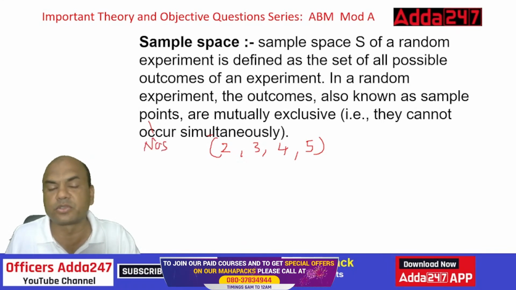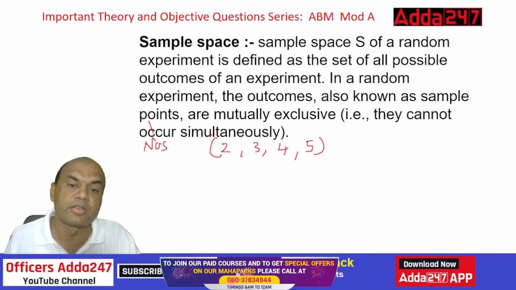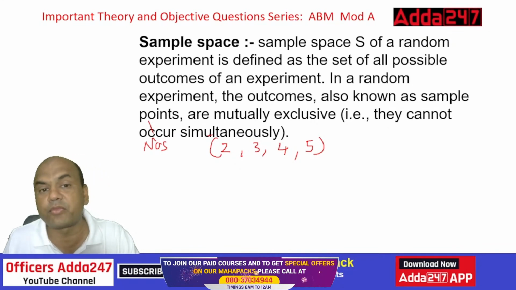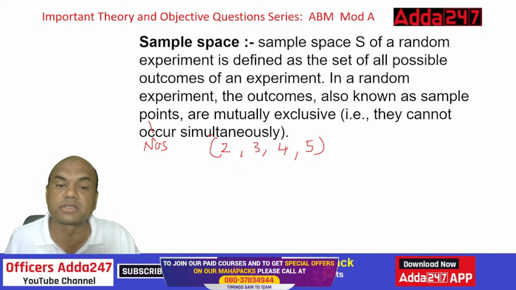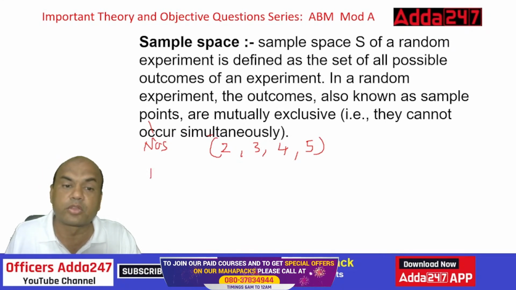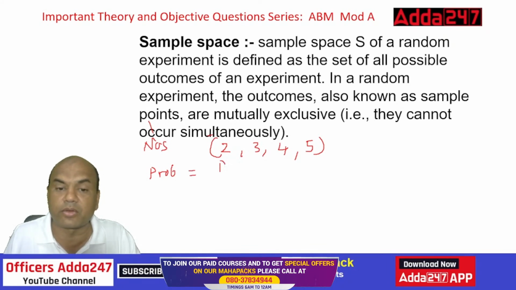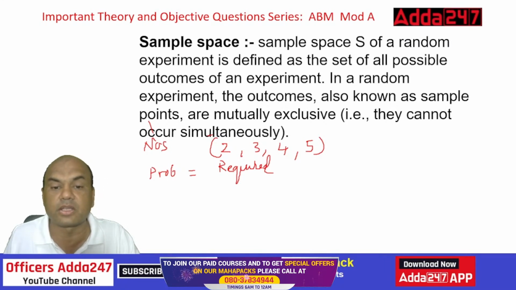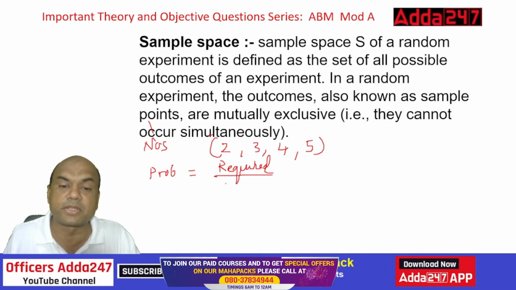Now if I ask you the probability of getting an odd number over here, odd number is what? So probability means what? If I have to get the odd number, I have to know first what are the total numbers. So probability is always what? Possible outcomes, means whatever are the positive things. So probability equals actually required, or success you can call it, upon total sample space.